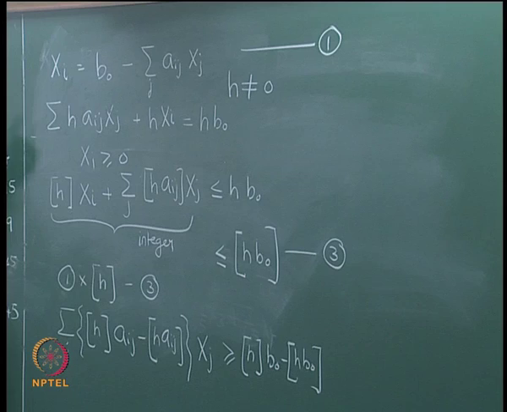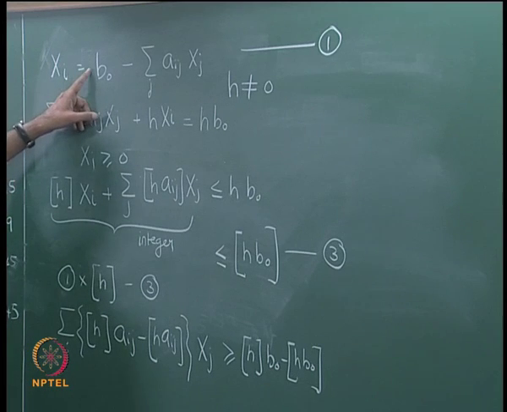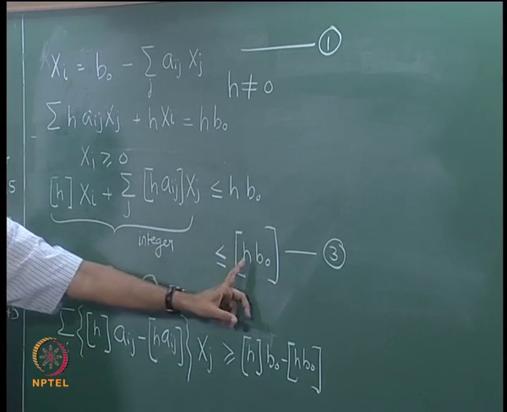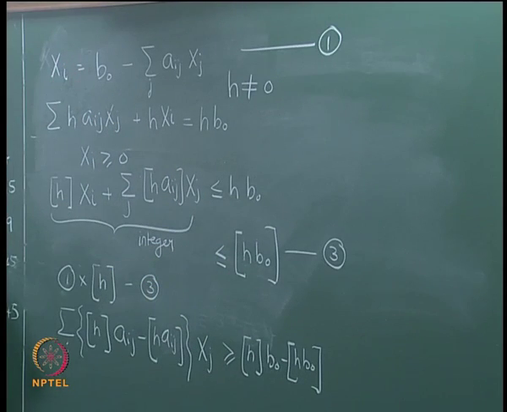Similarly, I have lower integer value of h into b0 coming from here and hb0 coming from the other one, and since I am subtracting, one is an equation and the other is an inequality, so the sign gets reversed. So this will be greater than or equal to lower integer value of h into b naught minus hb naught.